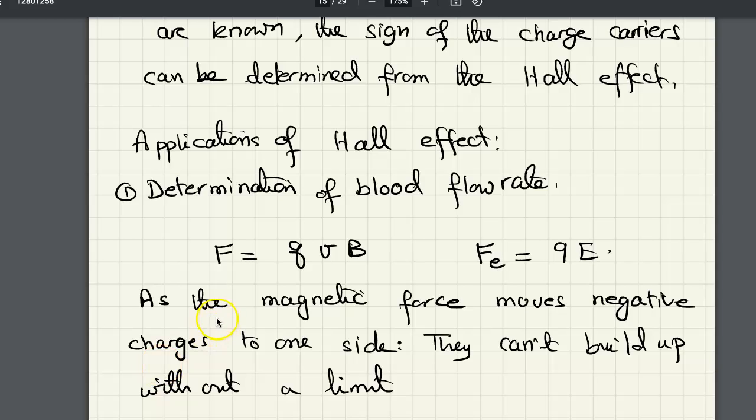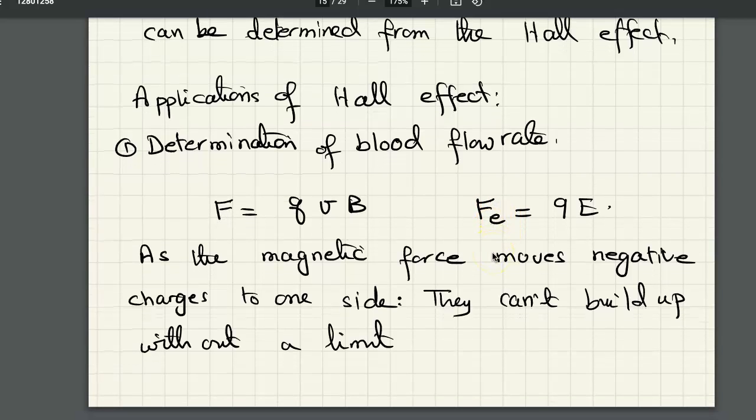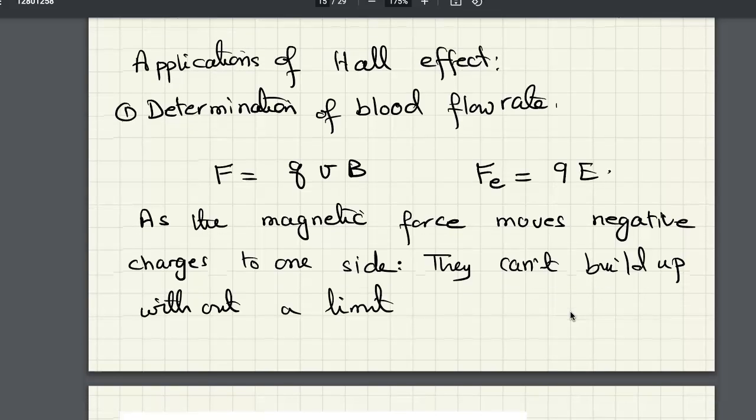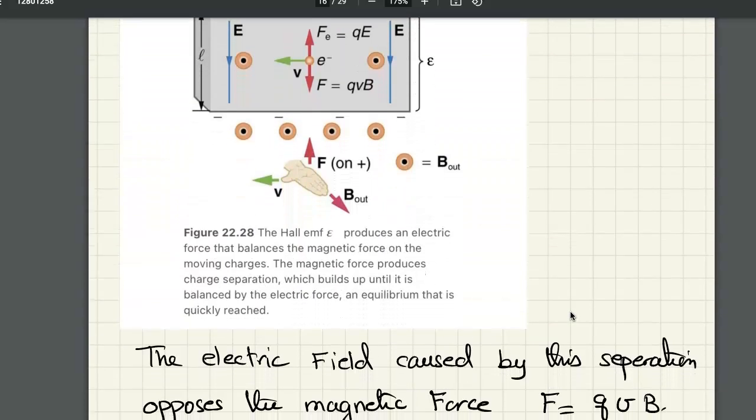The magnetic force here is F equals Q, the charge, times V, the velocity, times B. Because of the motion, we create an electric field, and the force from the electric field is Q times E. As the magnetic force moves negative charges to one side, they can build up, but they will not build up without limit.